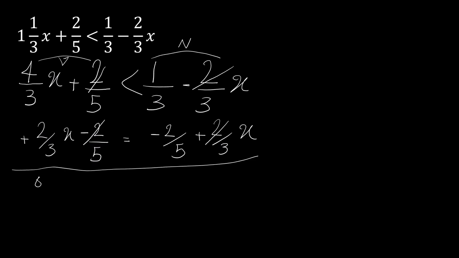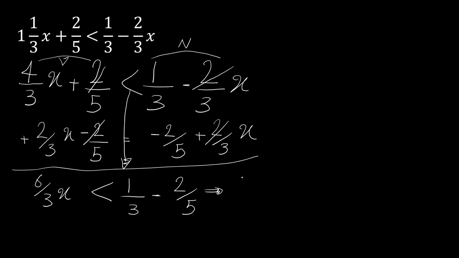It's going to be 6 over 3x is less than 1 over 3 minus 2 over 5. 6 over 3 will be equal to 2, so 2x.